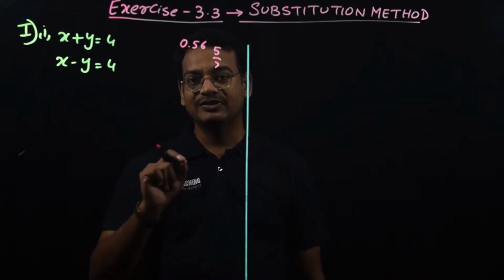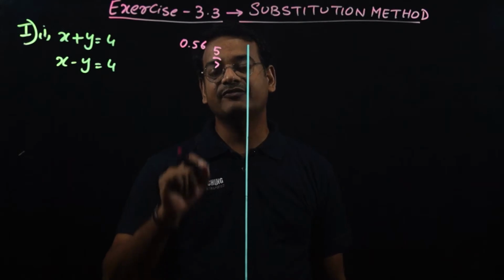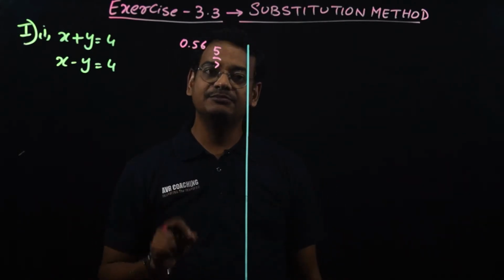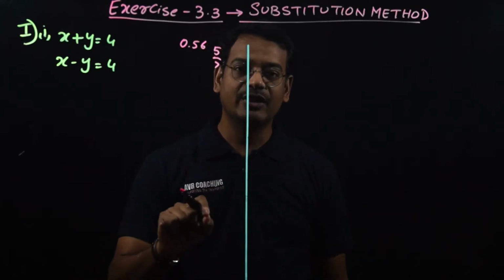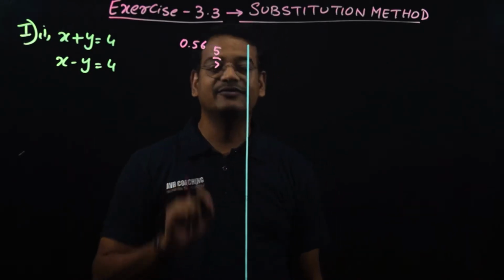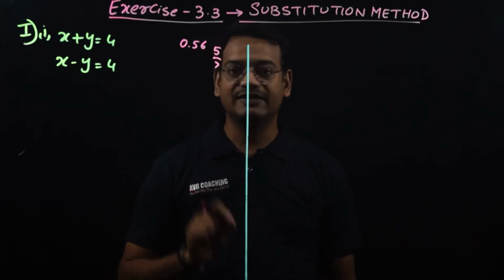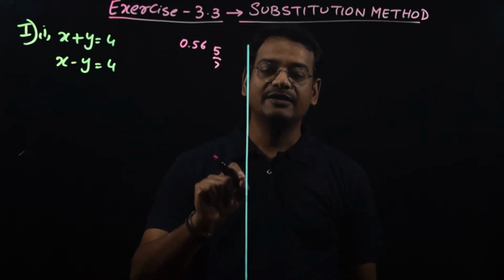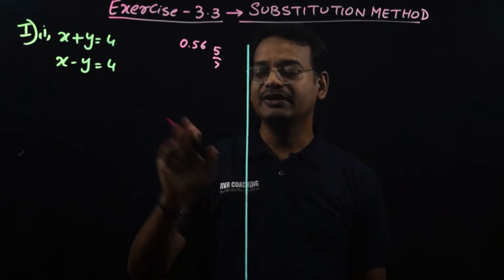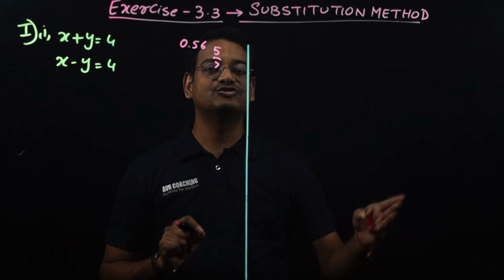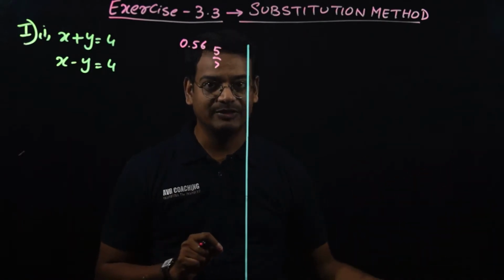Most of the time, if the value of x or y is a fraction or decimal, we end up taking the approximate value on the graph paper but not the correct value. So that is the limitation. With approximate values for x and y, you cannot get the exact values for the variables. That is the reason we have these methods: substitution, elimination and cross multiplication.